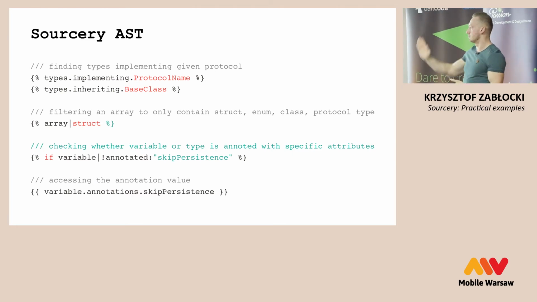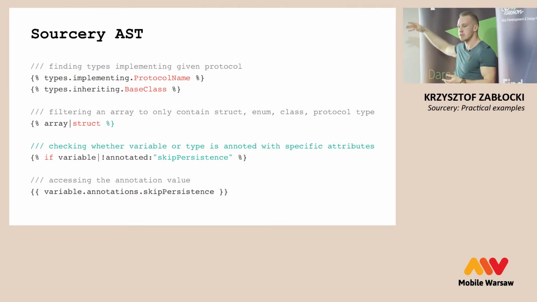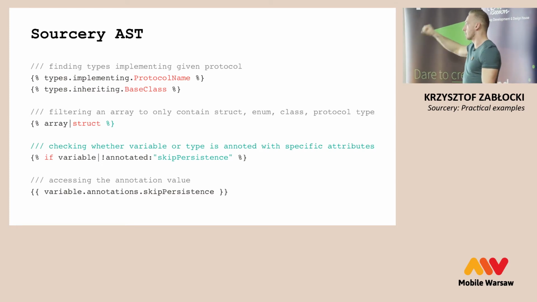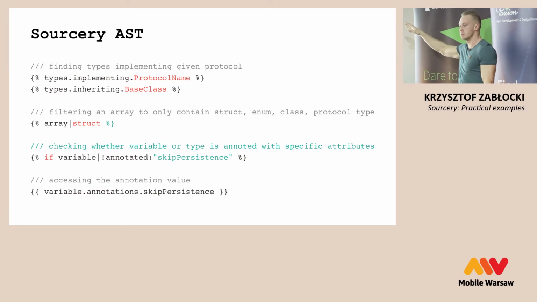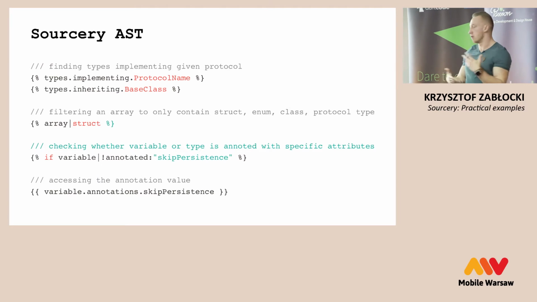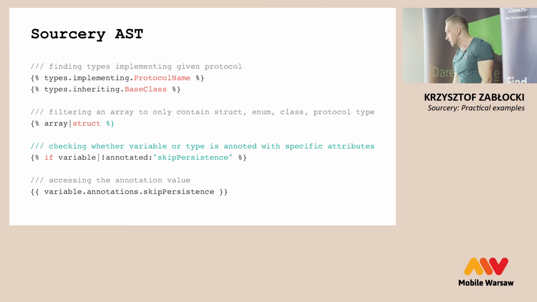If you use the pipe operator, you can pipe together multiple filters. So you can, for example, do types implementing protocol name, pipe enums, which means all the types that are enums, pipe all the types that are not annotated with skip persistence, and you can chain those things together. Then you can just iterate over all of them. And that is the basics of it, really.